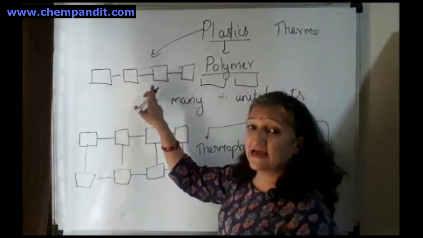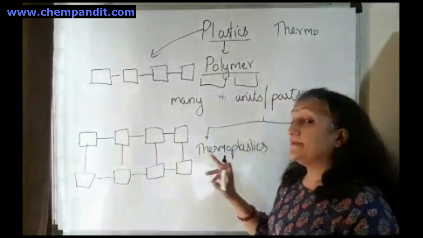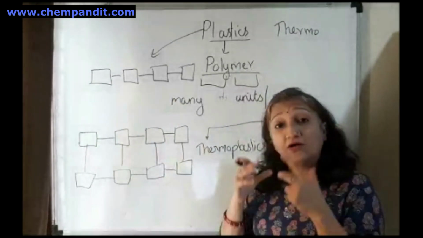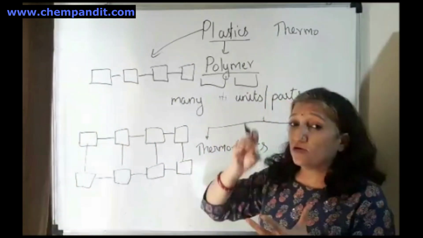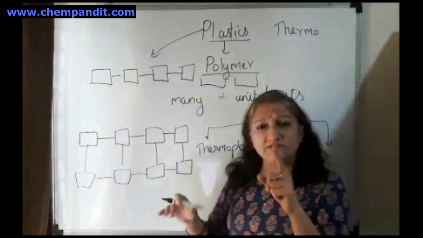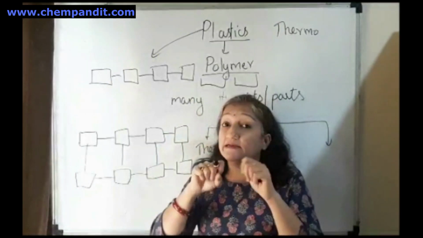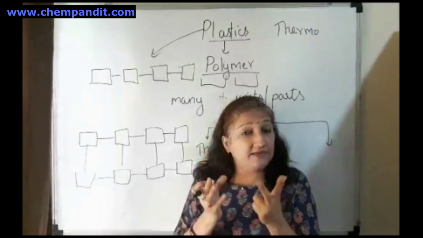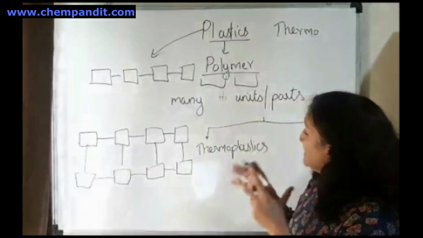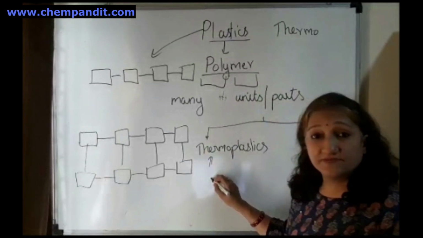These are the plastics having straight chain structure and that can be bent, or on heating, the shape can be changed. You must have observed when we fill hot water in a water bottle, it deforms. Its shape deforms. Why? These types of plastics are known as thermoplastics.